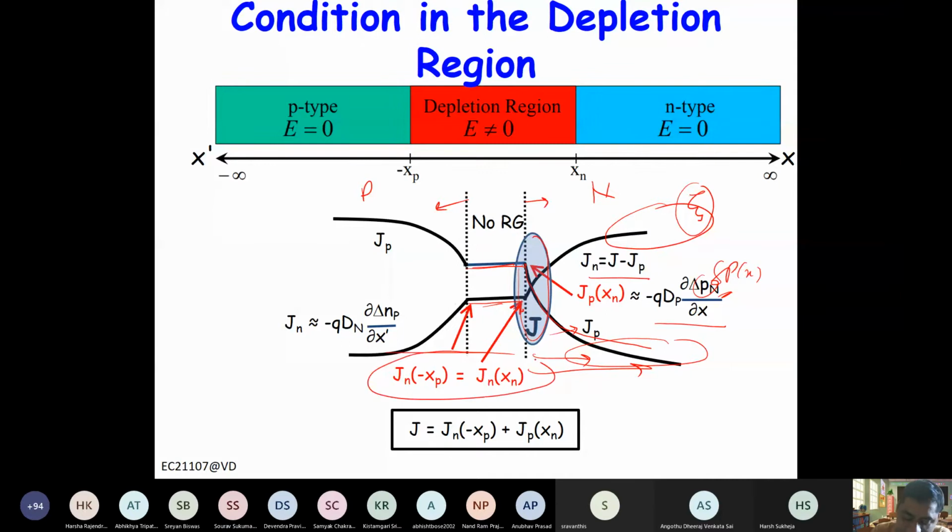And if you add them, this will be the total current, because the drift current in this region is negligible. So you understand, diffusion current is maximum here and drift current is negligible here. Here it is totally the drift current. Diffusion current is negligible here. So it's drift, diffusion, and drift. So if you add the two diffusion currents at the two ends of the depletion region, you will get the total current.